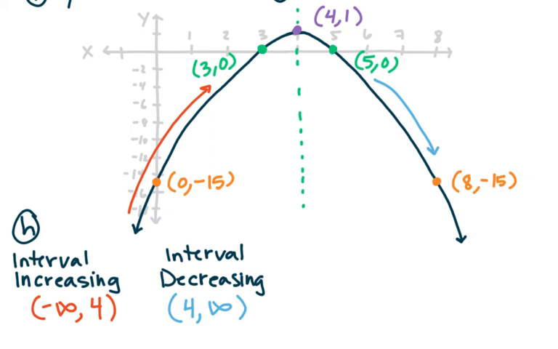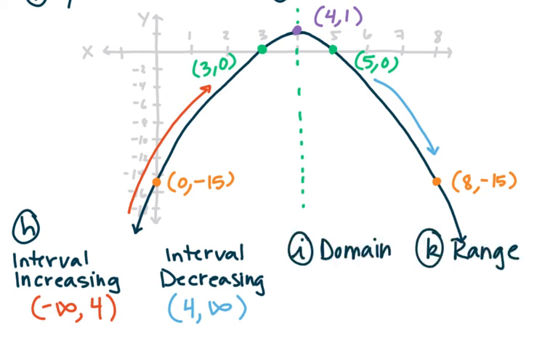So remember, intervals of increasing and decreasing, those are always x intervals. We're saying everywhere to the left of 4 is increasing, everywhere to the right of 4 is decreasing. When we talk about increasing and decreasing, this is the only time we don't have to think bracket or parentheses, because increasing and decreasing intervals are always open.